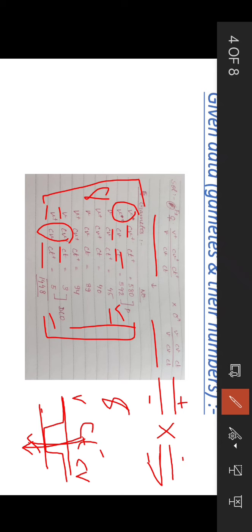So we can see that V is changing and CV is changing. So V and CV are changing, only one is not changing, which is CT. So CT will be in the middle. So the gene order is V, CT and CV. So it is very easy to calculate the gene order. Here I have written how I compared the DCO with the parental types and deduced the gene order. So it is very easy.